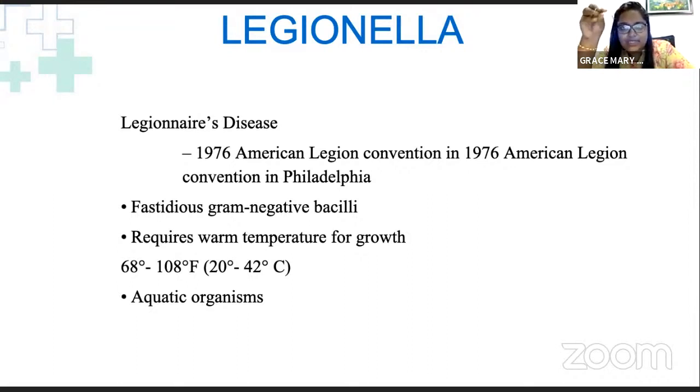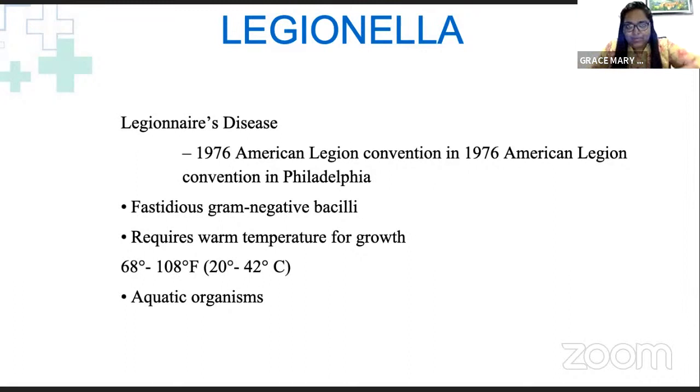Water helps them grow. The water tank at the place where they were staying was contaminated with this bacteria, and through the vents these people had this bacteria coming in and causing pneumonia. A lot of people got sick.